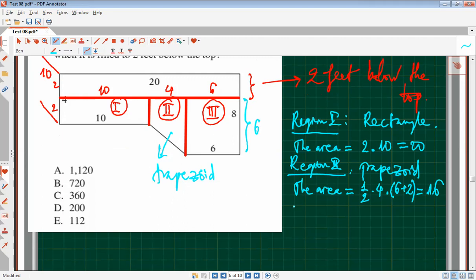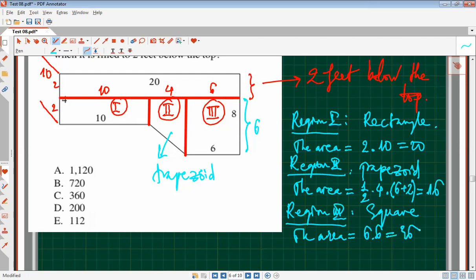Next is region number 3, the third region. It is a square, and the area is very easy: 6 times 6 equals 36.